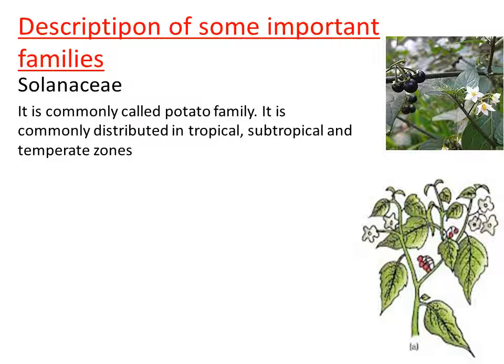When we are studying the vegetative parts of the plant, those characters we call vegetative characters. Because Solanum nigrum is a dicot plant, the root system is a taproot system. So there is a taproot system in Solanum nigrum.